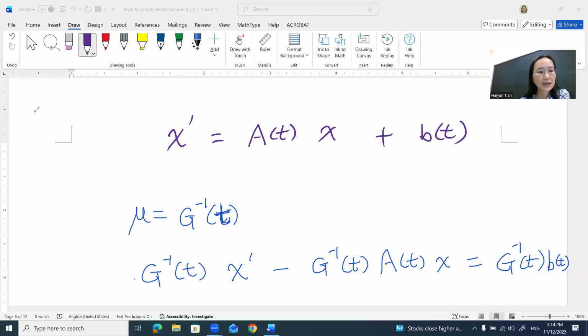Notice that I moved this term to the left side. So there's x prime minus A(t) times x, and only b is left on the right-hand side. So afterwards, we have two terms involving x, because we moved it to the left side. So we can see the two terms involving x, and then we multiply by the inverse.